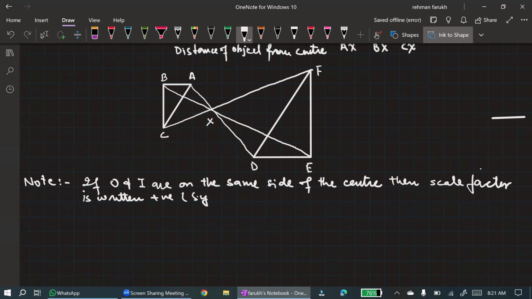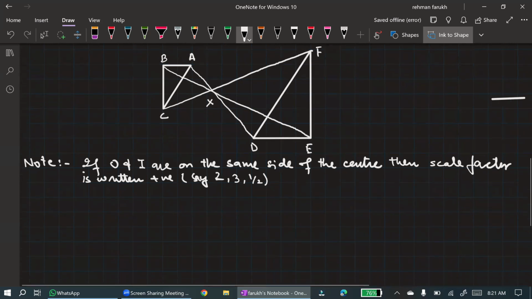Say positive 2, positive 3, maybe 1 by 2, that is a reduction in the diagram.